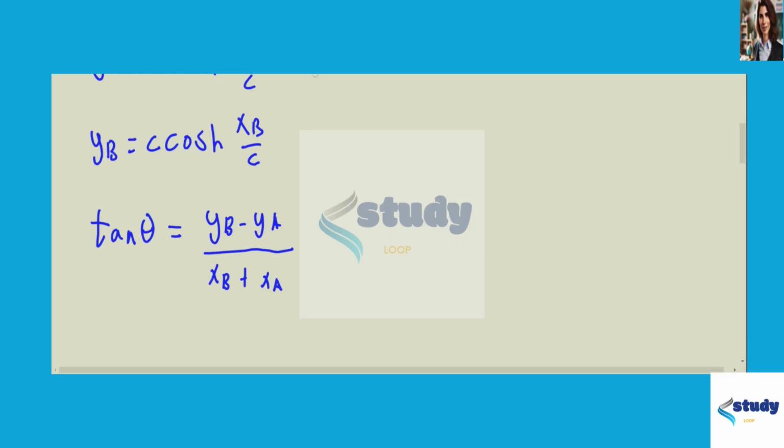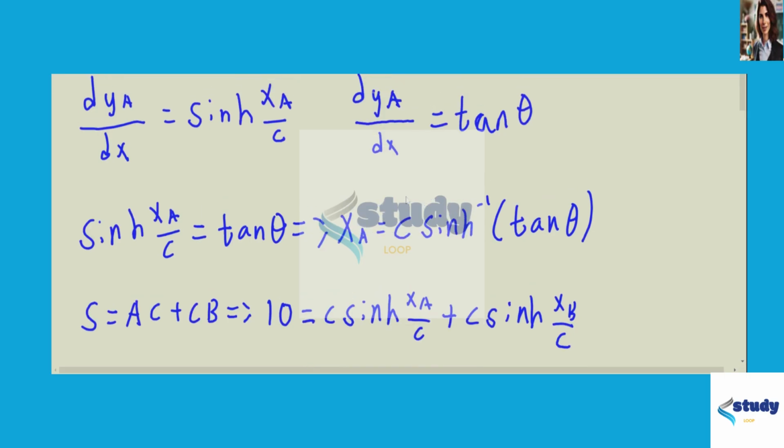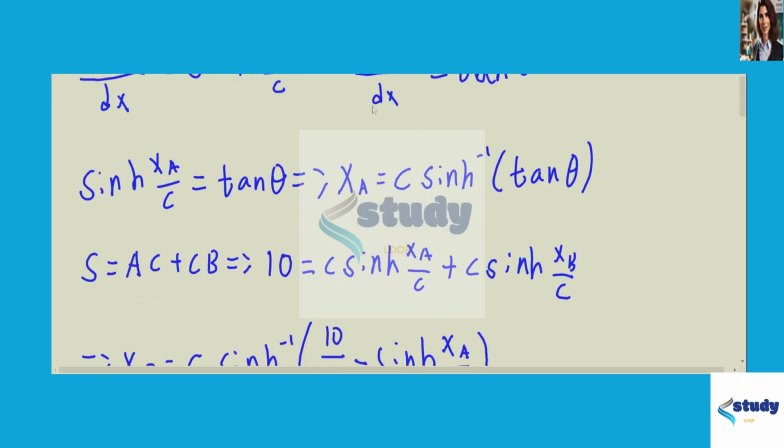In order to solve this problem, we need to choose a value of c, and we plug it into this equation here, which I'll call equation 1. So we choose the value of c, and that will give us a value for x of a.